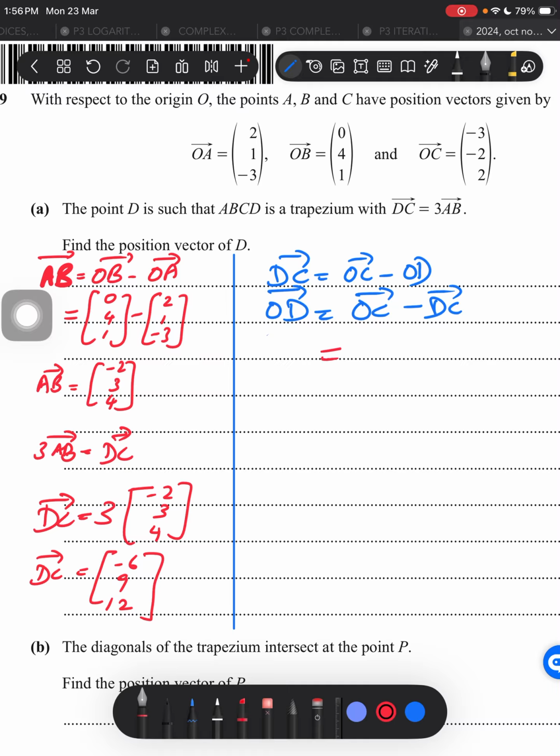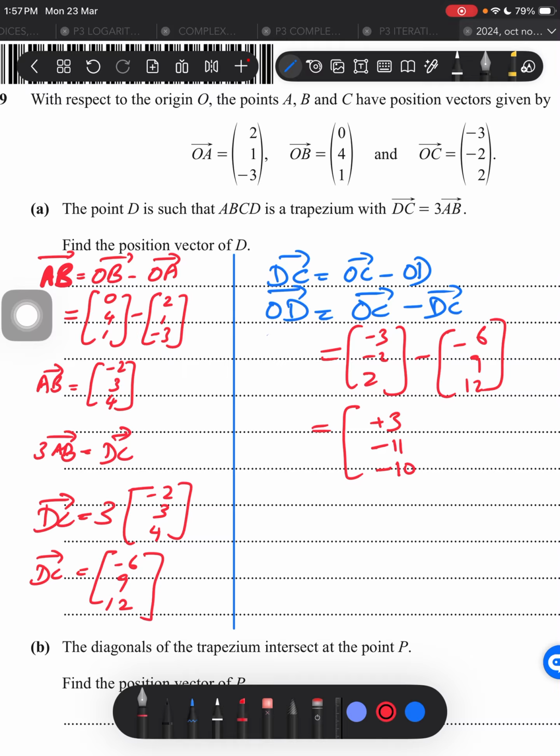So OC is already given, minus 3, minus 2, 2, and DC we have just found. So OD will be minus 3 minus minus 6, that would be plus 3, and the other is 2 minus 9, that would be minus 11, and 2 minus 12 will give us minus 10.